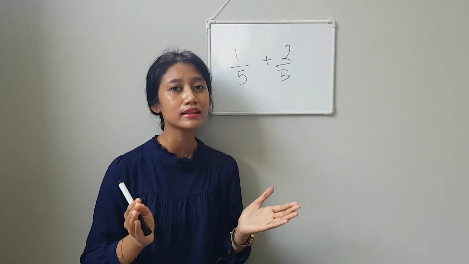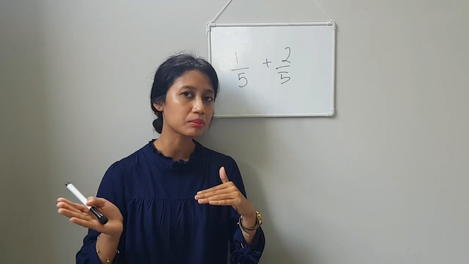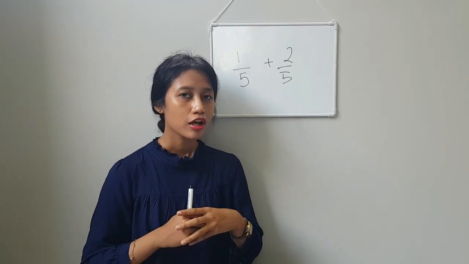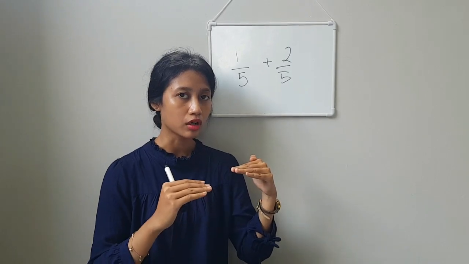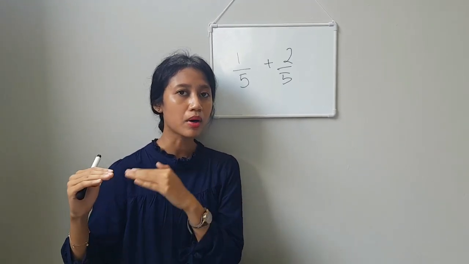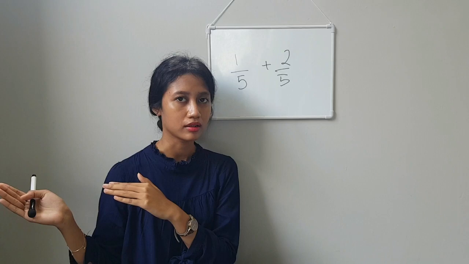How do we make the denominators become a common denominator? You can multiply the bottom number by the bottom number of the other fraction.